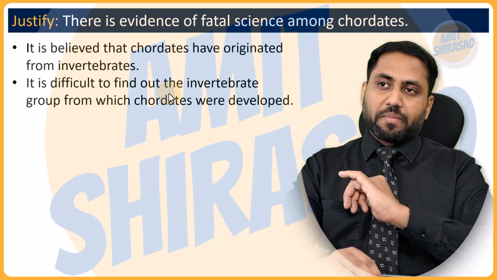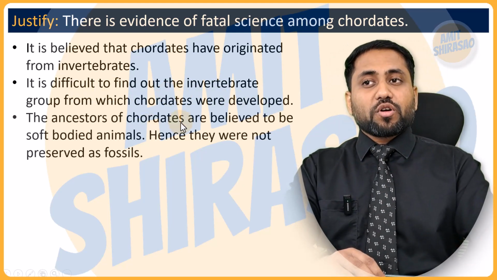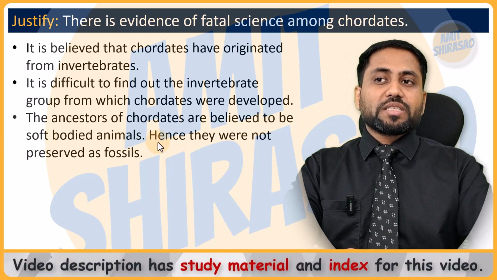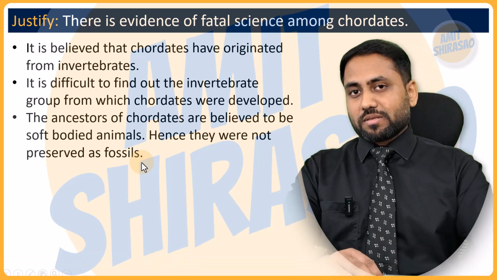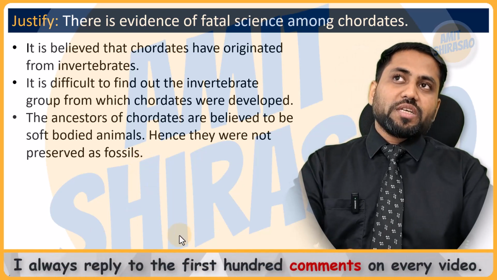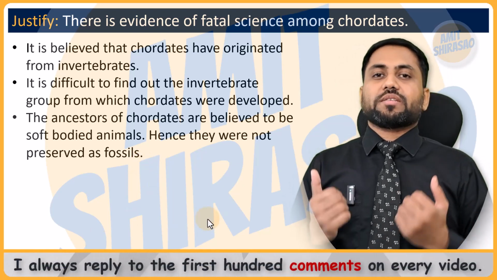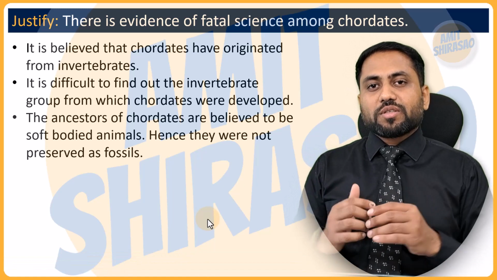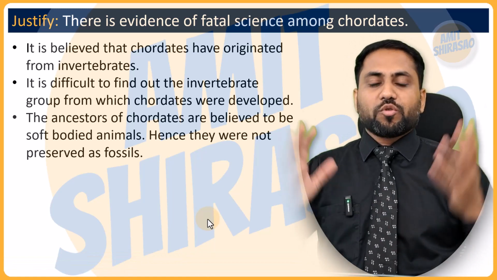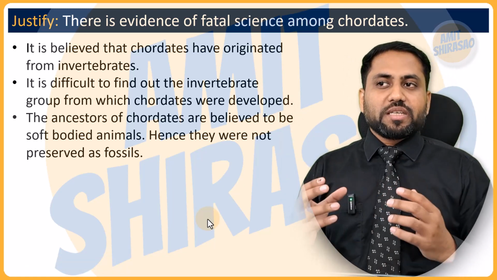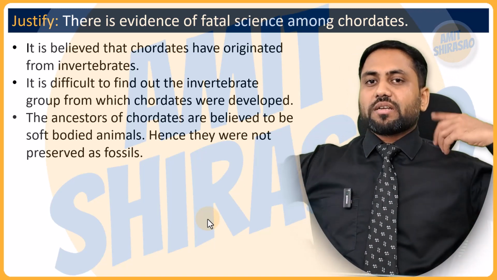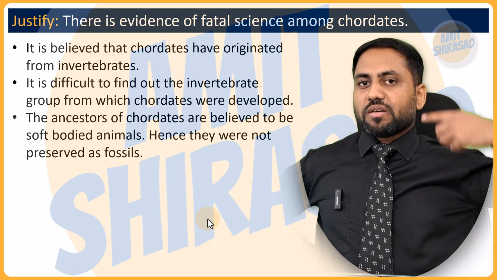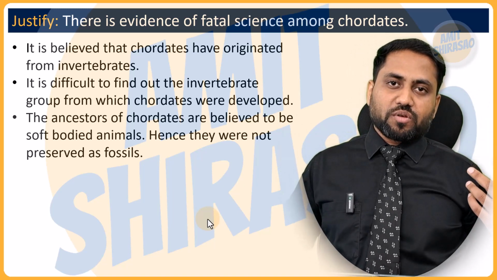The ancestors of chordates are believed to be soft-bodied animals, and hence they were not preserved as fossils. So probably the invertebrates who were the ancestors of these chordates were so soft-bodied that they did not have any bones in their body, or at least they didn't have a structure like us, because our entire bone structure hangs by our vertebral column, right?